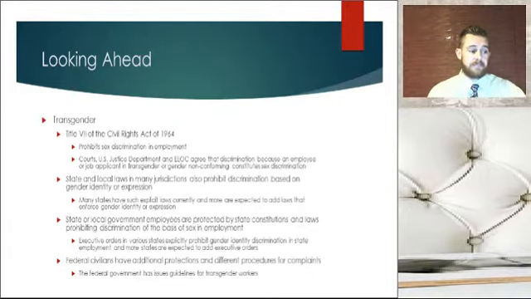State and local government employees are protected by state constitutions and laws prohibiting discrimination on the basis of sex in employment. And there are some executive orders in various states that explicitly prohibit gender identity discrimination in state employment, and more states are expected to add executive orders.